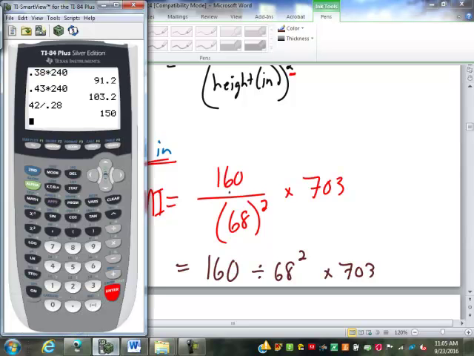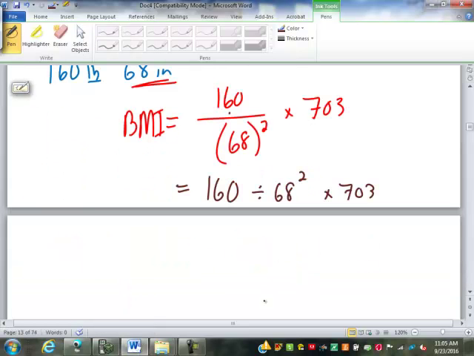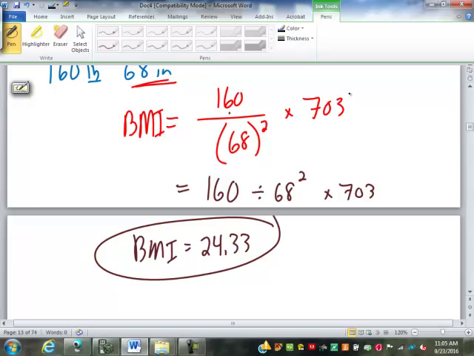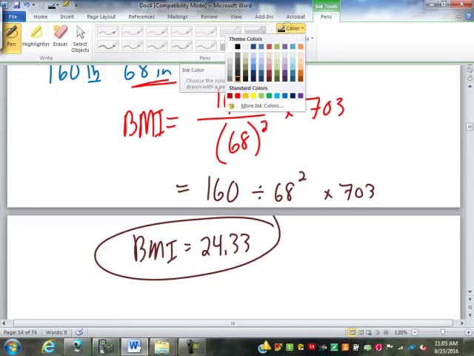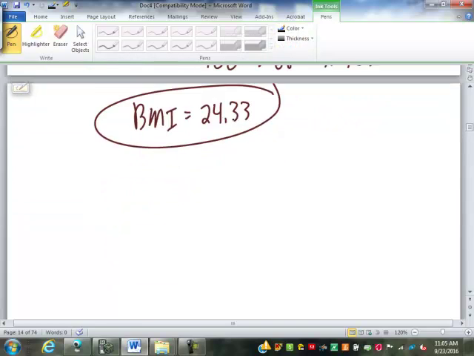So on my calculator, I can just enter 160 divided by 68 squared times 703. That patient has a BMI of 24.33. Which is pretty close to average for the United States, but it is considered above a healthy weight or a healthy index.